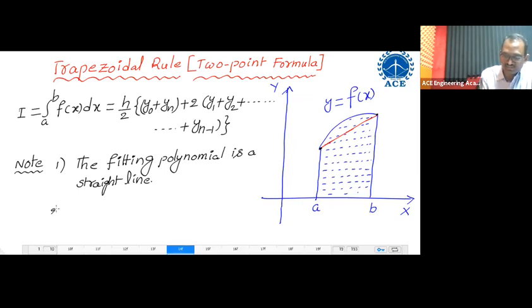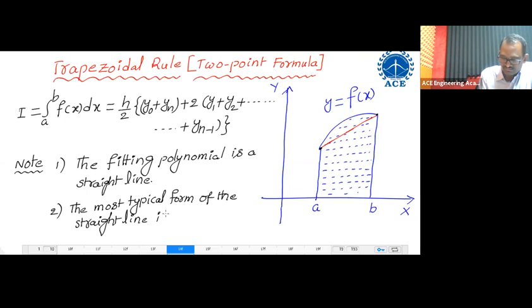What is the complicated version of the straight line? The most typical form of the straight line is y is equal to a plus bx.